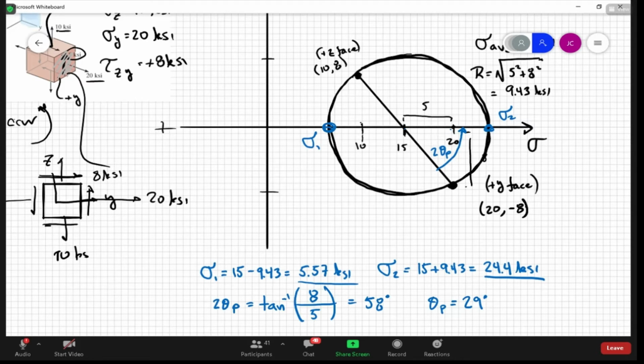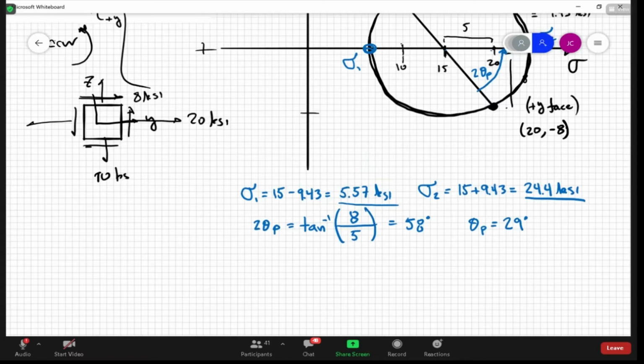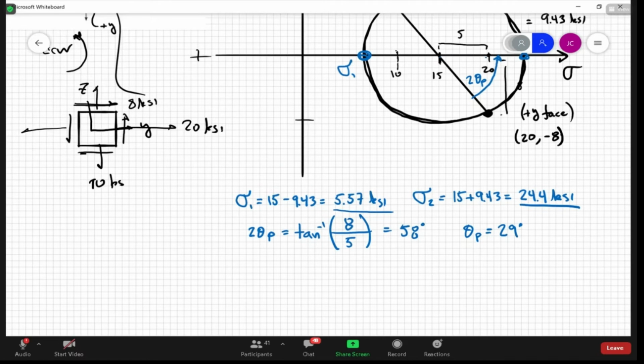So visually, if we were to draw the cube in its rotated principal state, it's going to be rotated about 30 degrees, or I should say 29 degrees. This is the principal orientation.